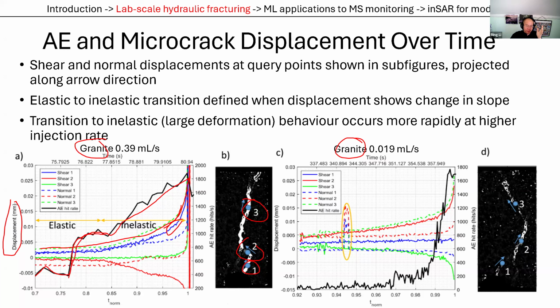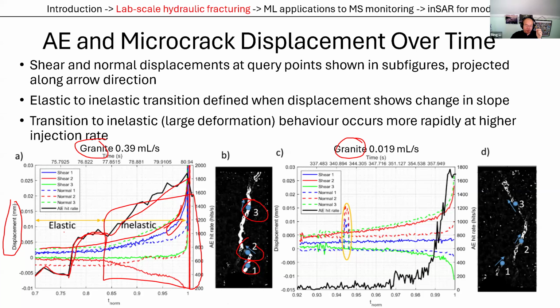and that when we look at the acoustic emissions rate, it slightly precedes the amount of detected deformation, which makes sense because when you back calculate the amount of displacement that corresponds to individual acoustic emission events, that tends to be on the order of nanometers, right?